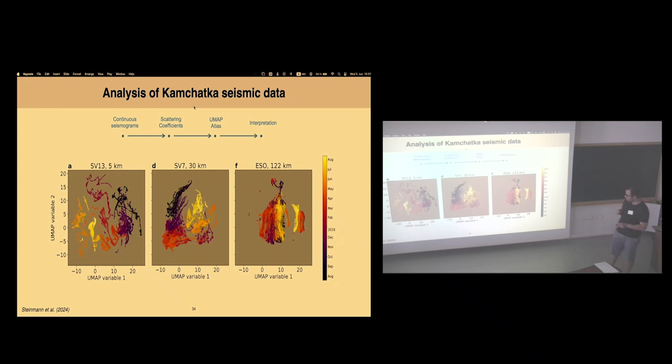The color code shows the time. So here is the start of the data, and the red one is in August, the explosion. And you can see how the data changed with the distance.